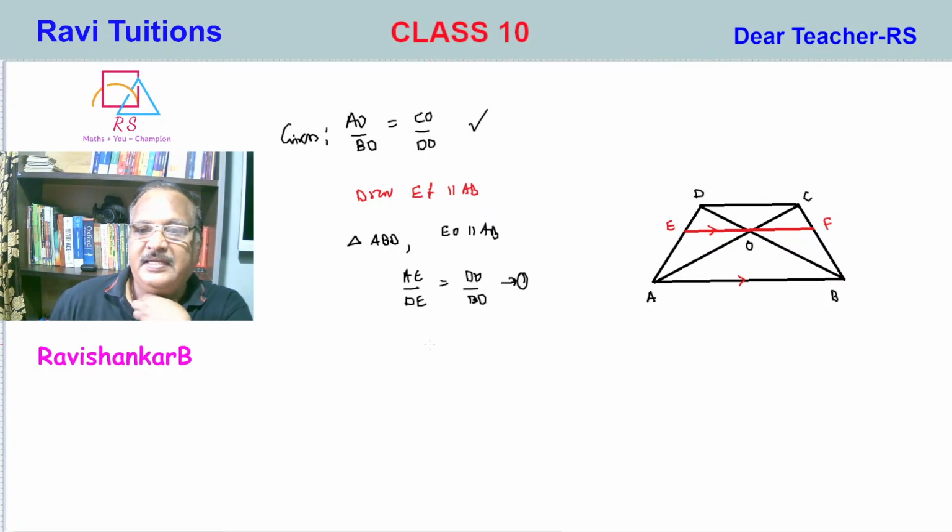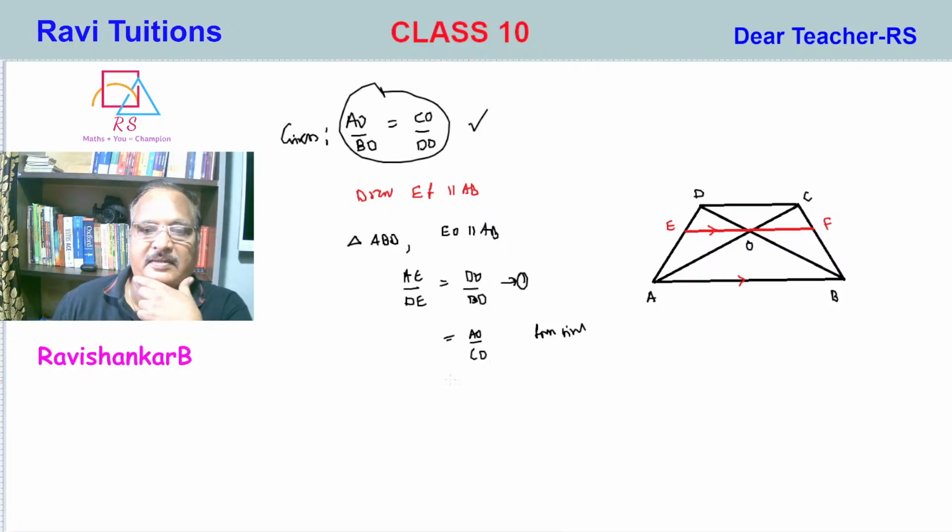And another one is you take another triangle. In the place of DO by BO, I can write AO by CO, because from the given. So this I have applied it. Okay.